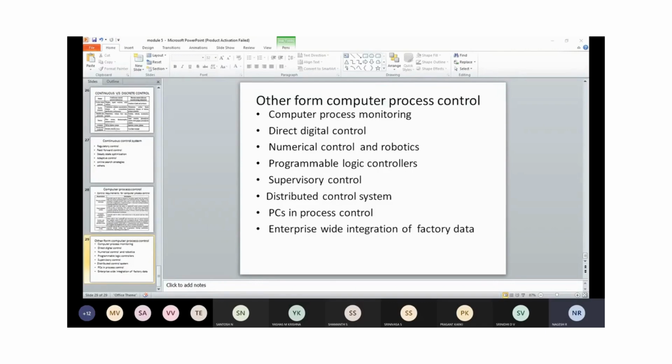Then PCC, process control. We are going to implement the PCC at the operator level, in order to get a direct control over the automation process.